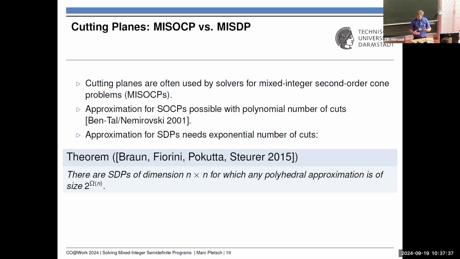In a sense, this is a bad message for us because we cannot expect in every case that this linear approximation will work well. So it might take very long and add many inequalities. In practice, this is not always the case, as we will see soon.